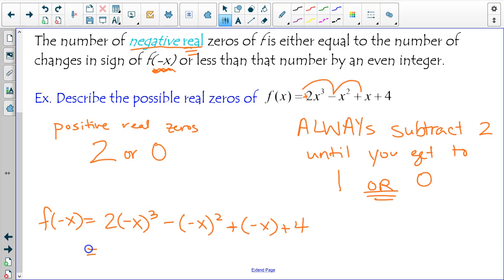So this becomes negative 2x cubed. Does the sign change when it's an even exponent? No, because negative x squared, you have to do that part first, right? Order of operations. It's squared, so it's positive, and then you just bring that sign down. Okay, this is x to the first power. Does the sign change? So it's minus x and then plus 4.